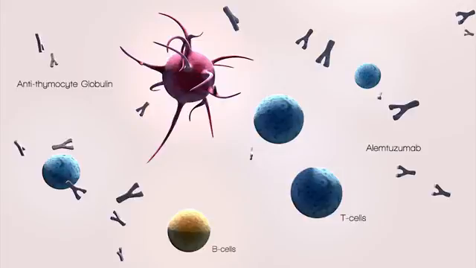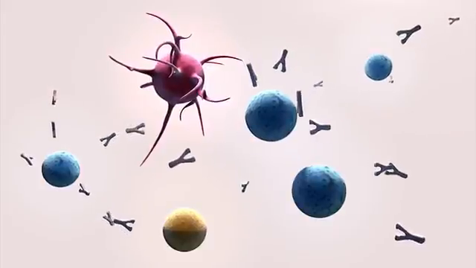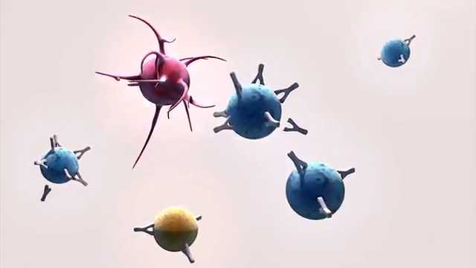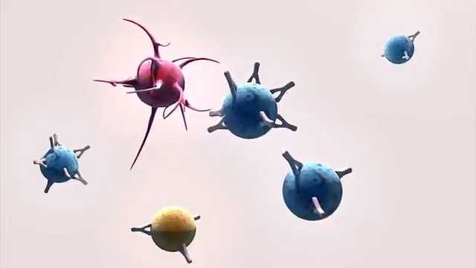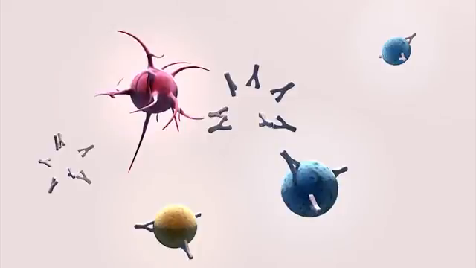Antithymocyte globulin, or ATG, is a polyclonal antibody preparation directed at many antigens present on thymocytes and lymphocytes. For both antibody types, binding to these cells results in depletion through various mechanisms, including complement-dependent cytotoxicity, antibody-dependent cell-mediated cytotoxicity, or ADCC, and apoptosis induction.